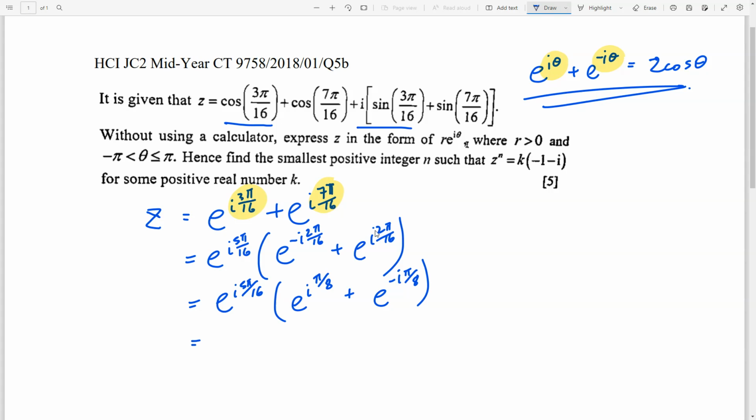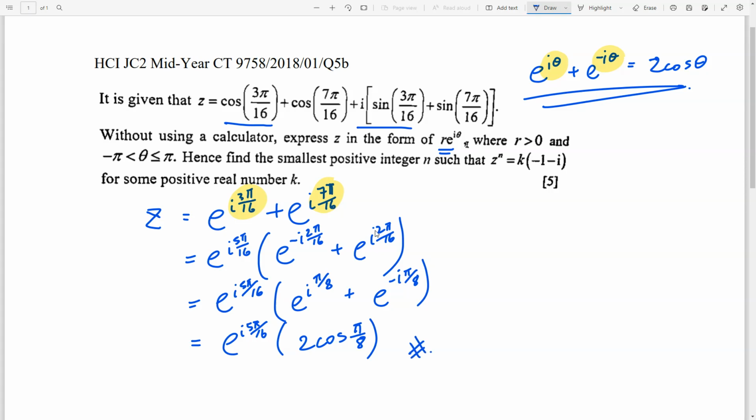So your final answer is e^(i5π/16) times 2 cos(π/8). This is the first part expressed in the form re^(iθ). This is your r and this is your e^(iθ). So the front part is done.